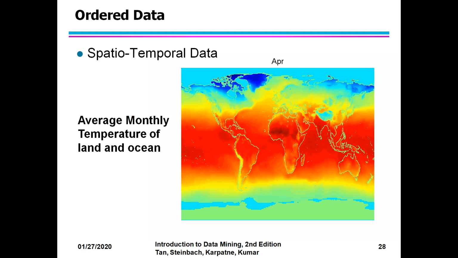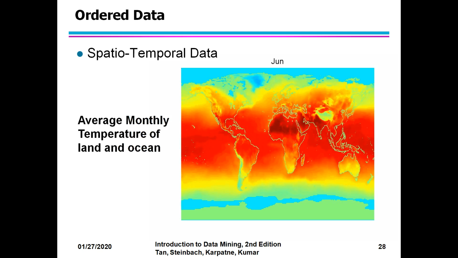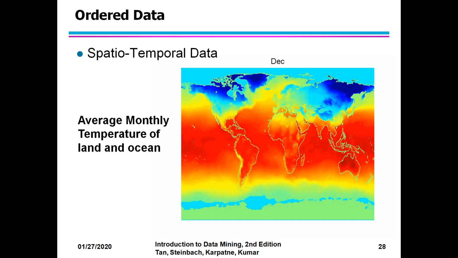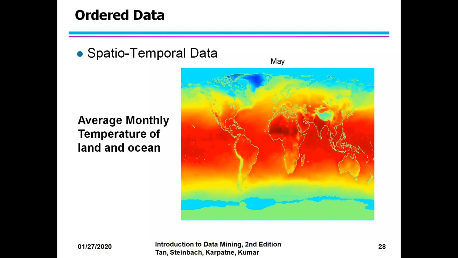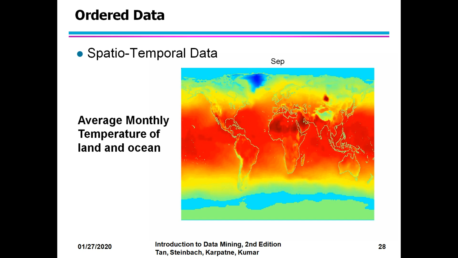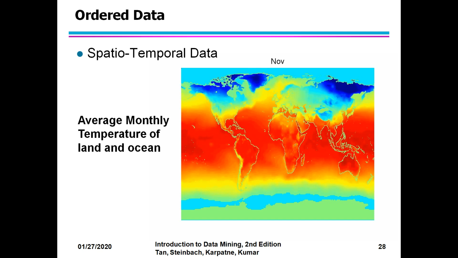Next is ordered data, spatio-temporal data. Here you can see the average monthly temperature of land and ocean is recorded. There is a variation in the temperature during every month.